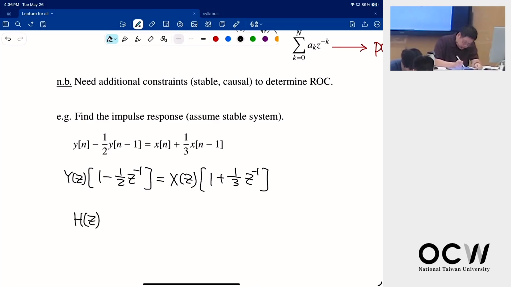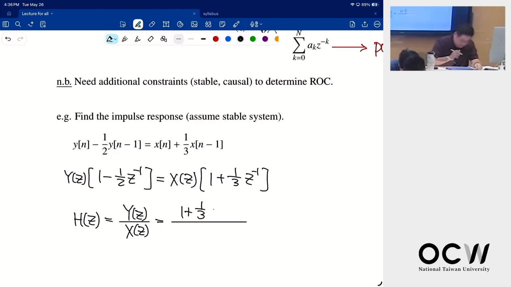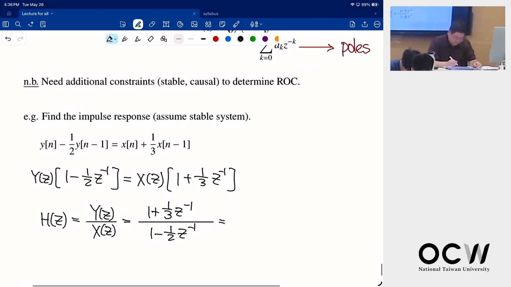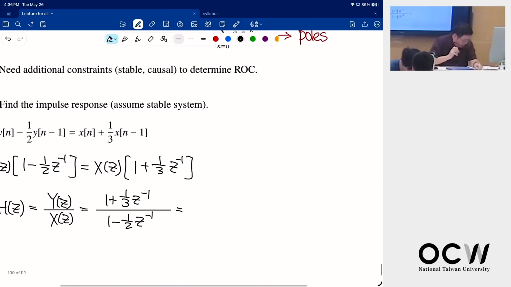So the transfer function, we will get 1 minus 1/2 z to the minus 1.